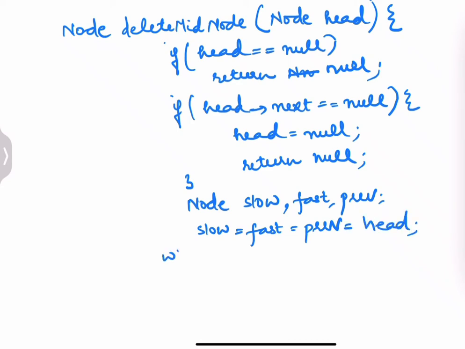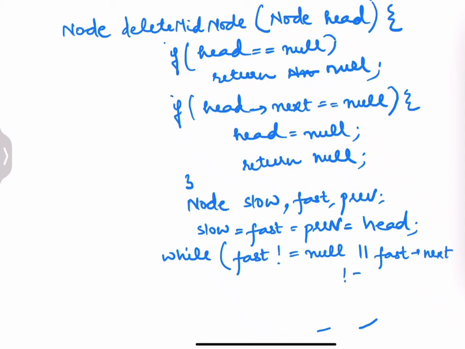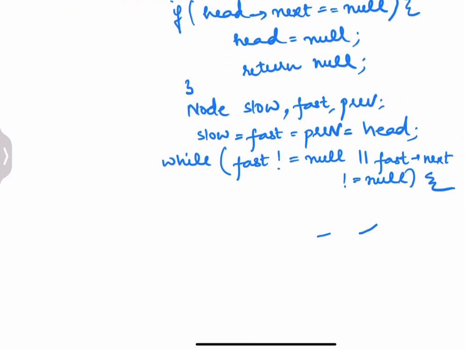Now, as I have mentioned earlier, we will be having two conditions to come out of this loop. While fast is not equal to null, and fast next is not equal to null. In both the cases, we will just end the loop.